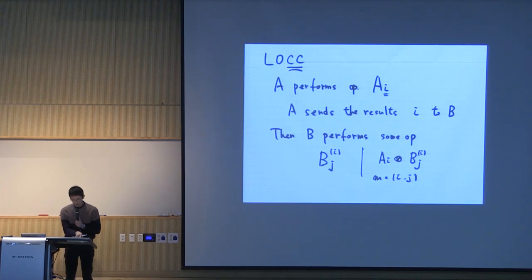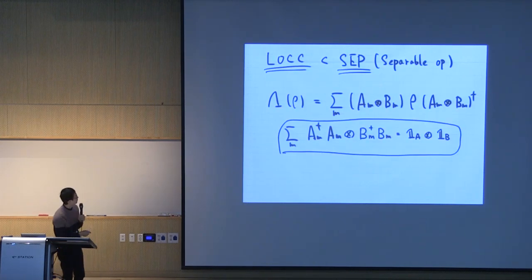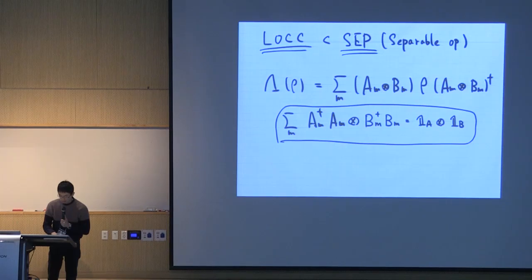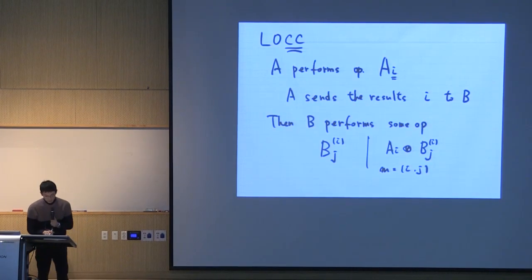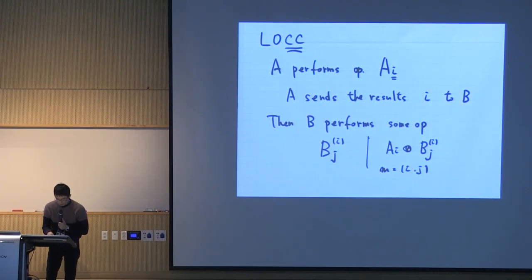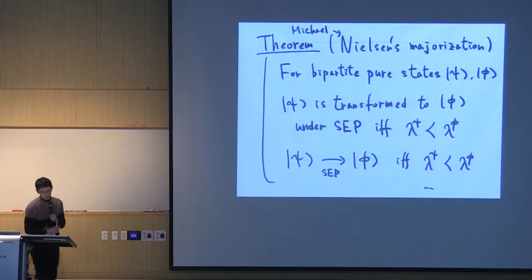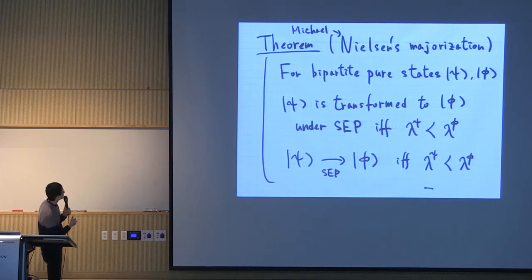So LOCC of this type is apparently a subset of separable operation. This is one example, and there are many types of LOCC, but the idea is completely similar. So this is the meaning of LOCC, and now this is Nielsen's majorization theorem.